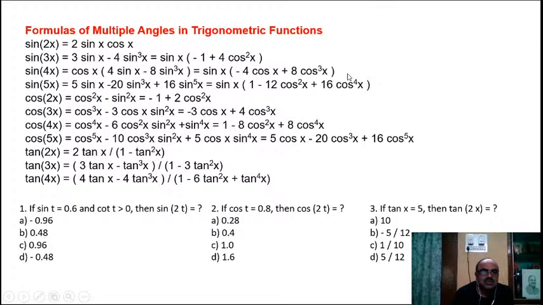You will take 2 cos square x minus 1. 2 into 0.8 whole square minus 1. 0.8 whole square you should do 0.16 into 2, 0.32 minus 1. Yes.